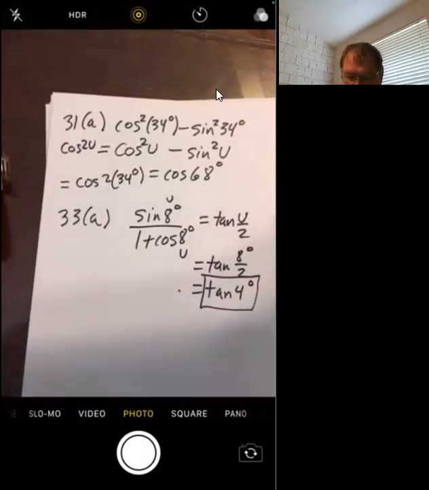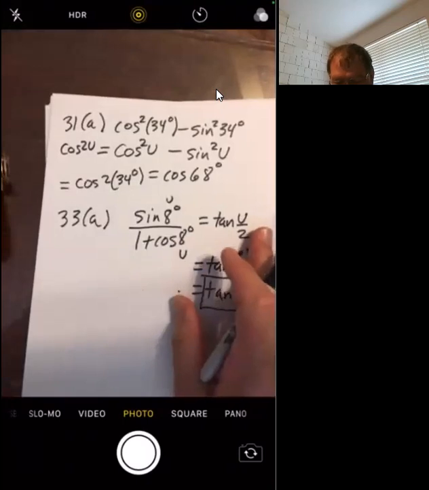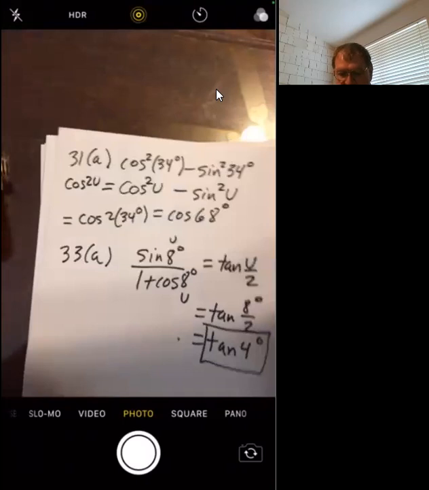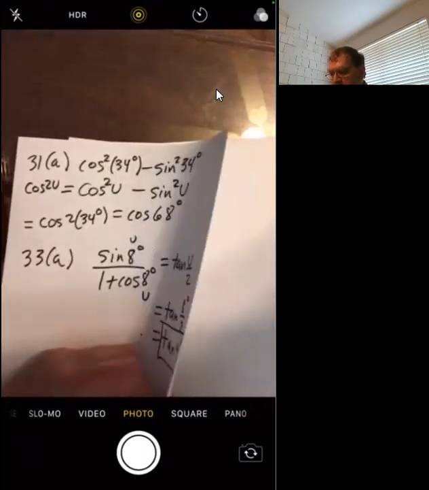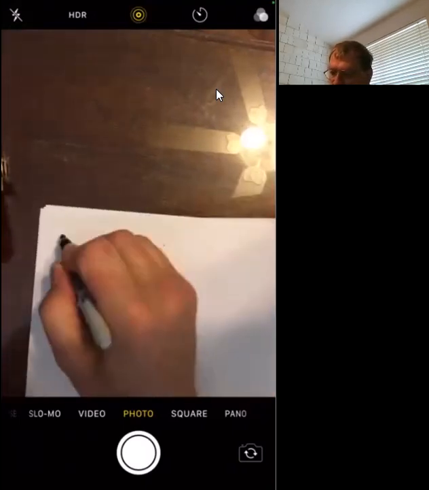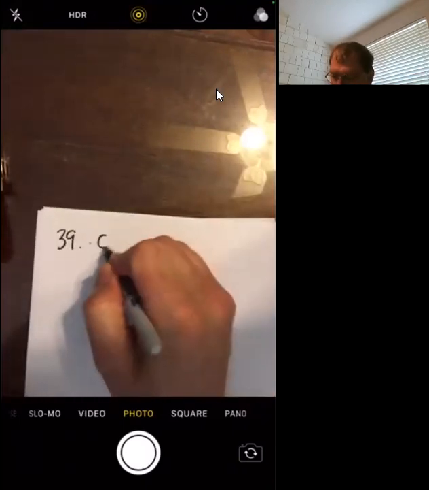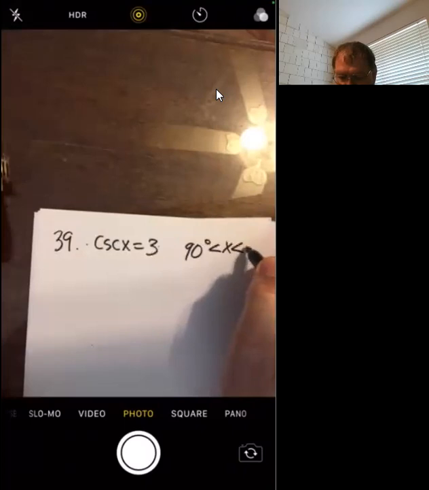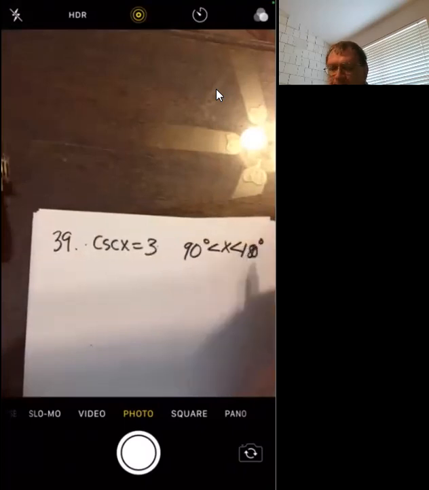All right. How about one like 39? Find sine of x over 2, cosine of x over 2, and tangent of x over 2. Yeah, more of a project. It's 3 and 90 degrees less than x less than 180 degrees.